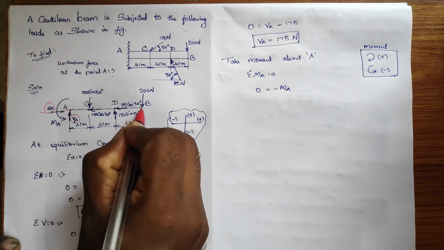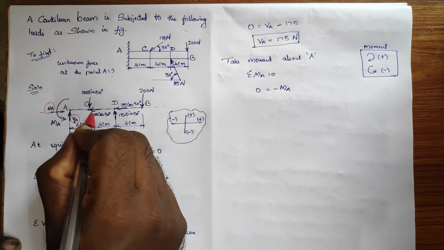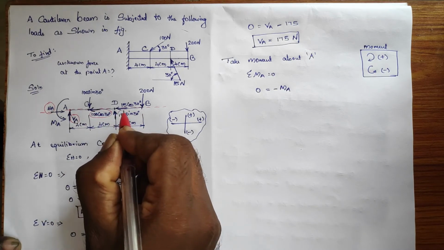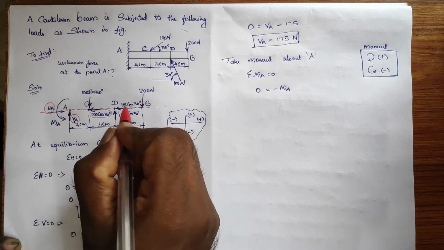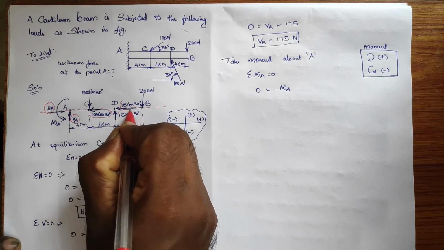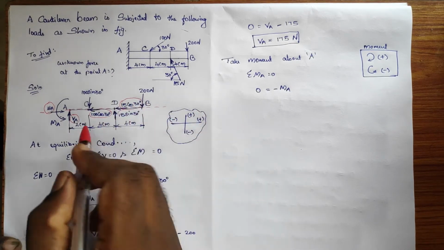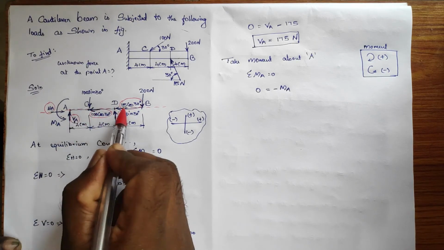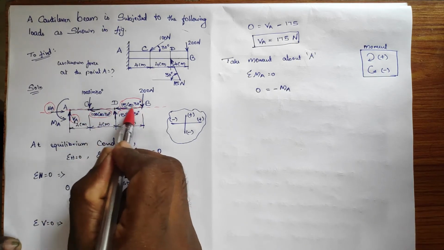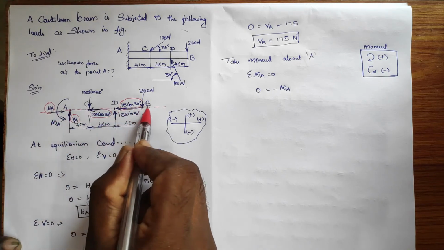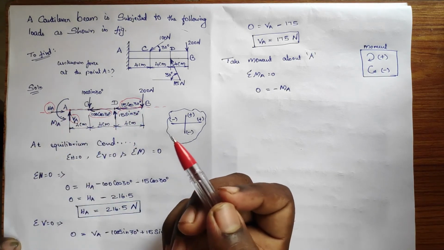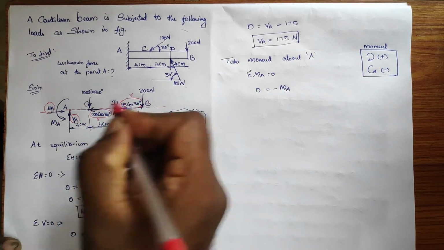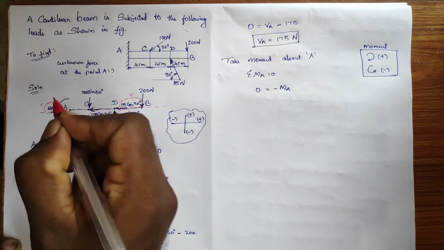Which forces coincide with the line? The horizontal forces, 100 cos 30 and 15 cos 30, just coincide, so these two forces are also 0. They won't participate.